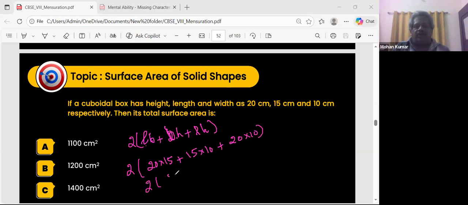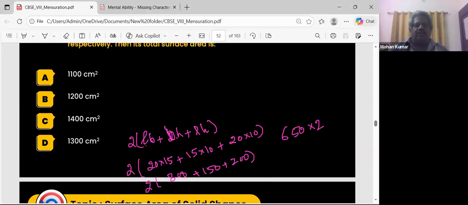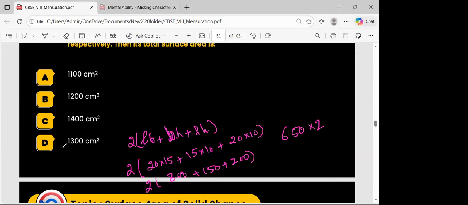So we have 2 into 300 plus 150 plus 200, that is 650 into 2, which is 1300. So the choice is D.